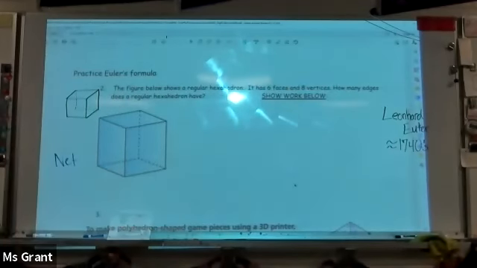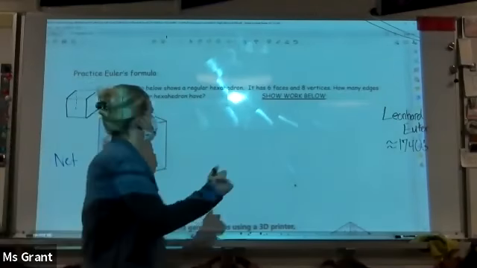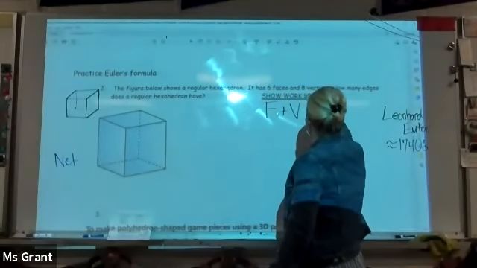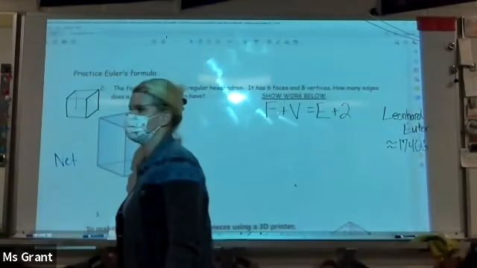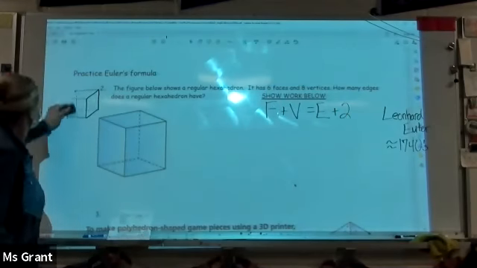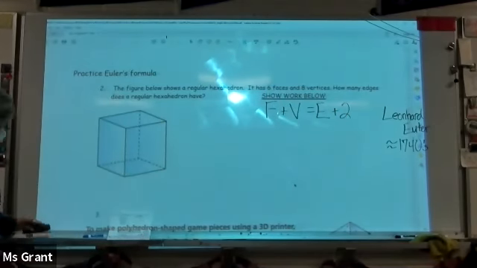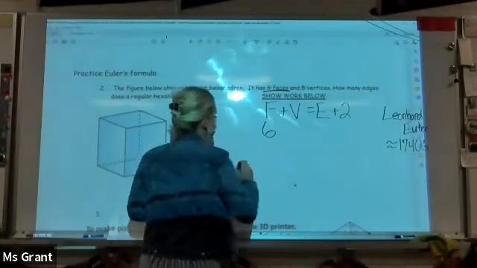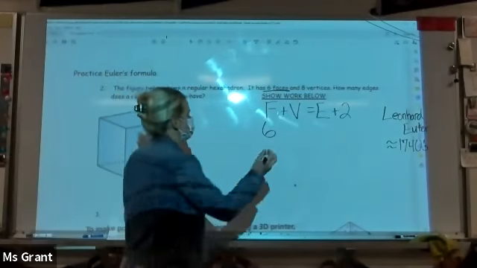The figure below shows a regular hexahedron. It has 6 faces and 8 vertices. How many edges does it have? Well, remember, faces plus vertices equals edges plus 2. F is 6, there are 6 faces. There are 8 vertices.